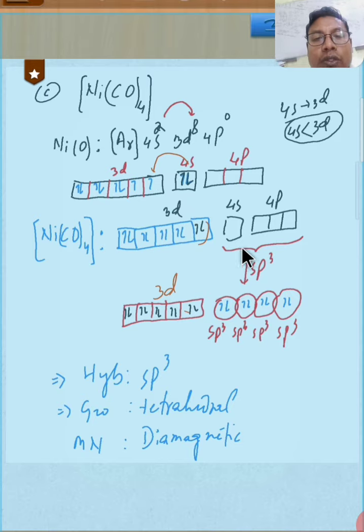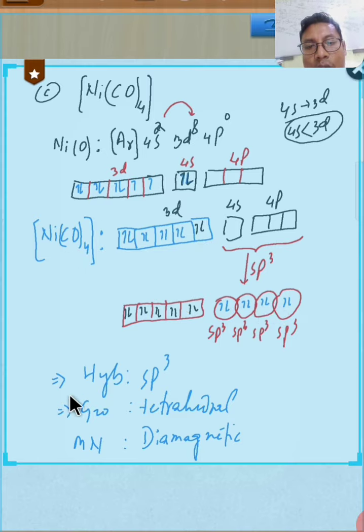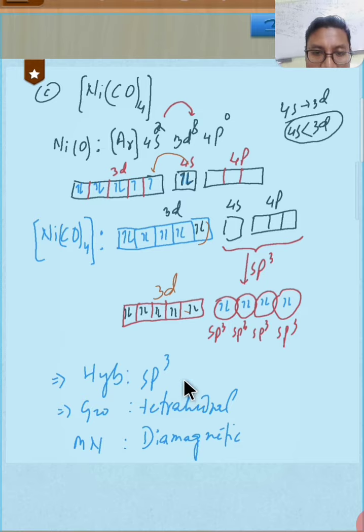So one 4s and three 4p orbitals will be getting hybridized to form 4 sp3 hybrid orbitals. And these electrons which are written in blue color are coming from the ligands CO. Okay, so hybridization sp3, geometry will be tetrahedral, and the magnetic nature will be diamagnetic, since no unpaired electron is present in the complex, right?